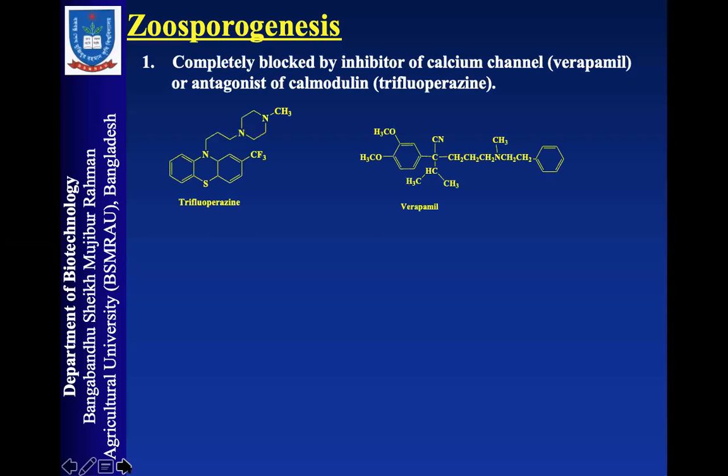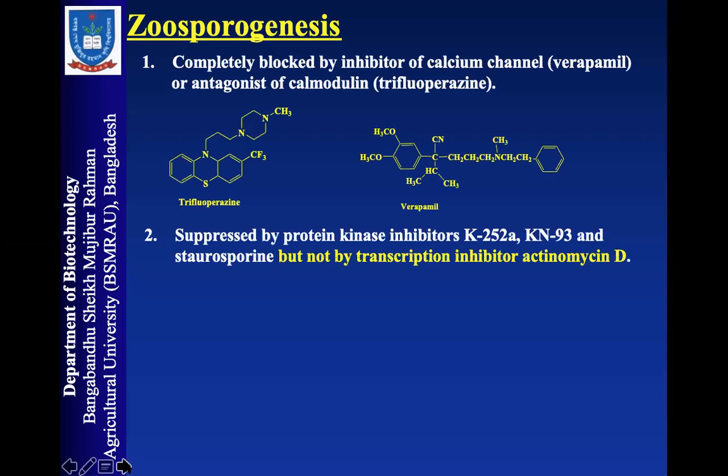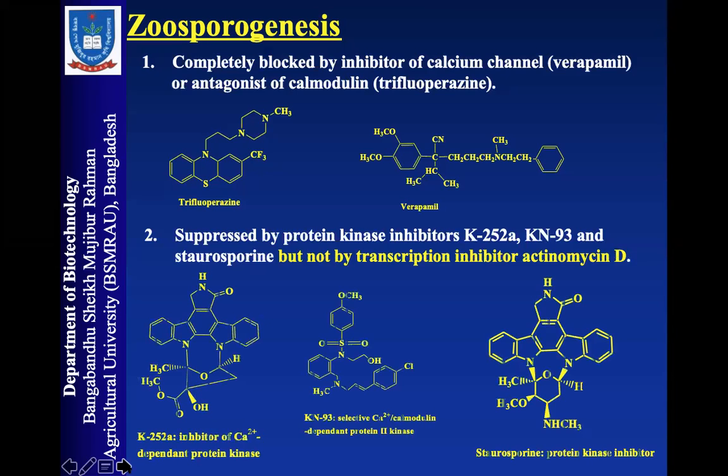But very interestingly, when we applied the protein kinase C inhibitor, we found that not only the motility of zoospore, but also the zoosporogenesis process is inhibited. And we also found that calcium is involved, because calmodulin antagonist also inhibited the zoosporogenesis process.